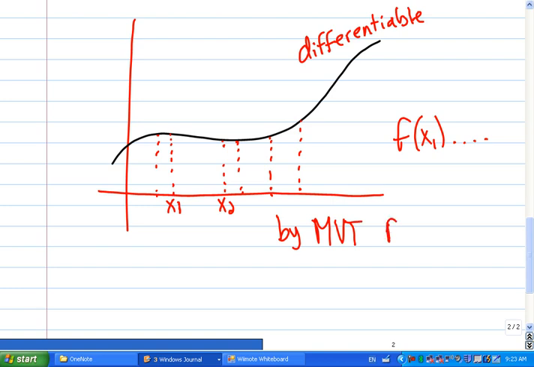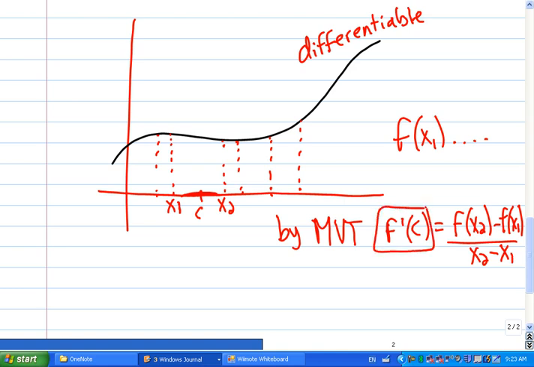By the mean value theorem, there must be some point in the middle here, so let's call it C, so that f prime of C will be equal to f of x2 minus f of x1 over x2 minus x1. So instead of picking those points we had, we're going to rely on this fact that I can find the derivative there somewhere in the middle. That's going to be the secant line, the average height, right? So this represents the average height.